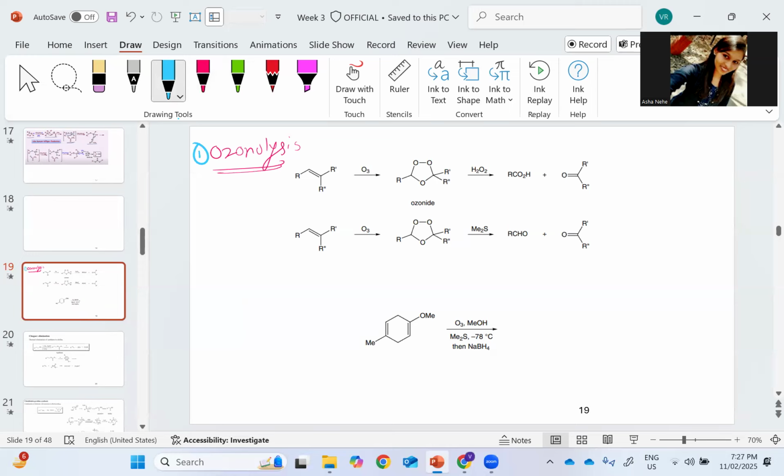In ozonolysis, let's say we have the olefin and it reacts with ozone. What happens? This kind of intermediate, the ozonide, gets formed.